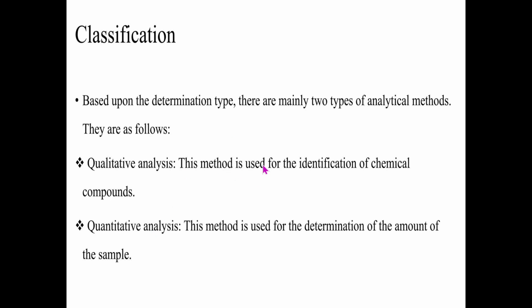Qualitative analysis is the method used for the identification of a chemical compound. That means if we go for a qualitative analysis of any compound, we can identify what compound is actually present in the given sample. In the case of quantitative analysis, this method is used for the determination of how much amount of the specific compound is present in the given substance.